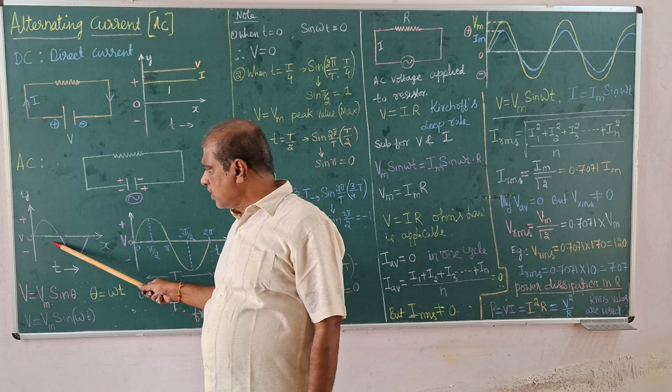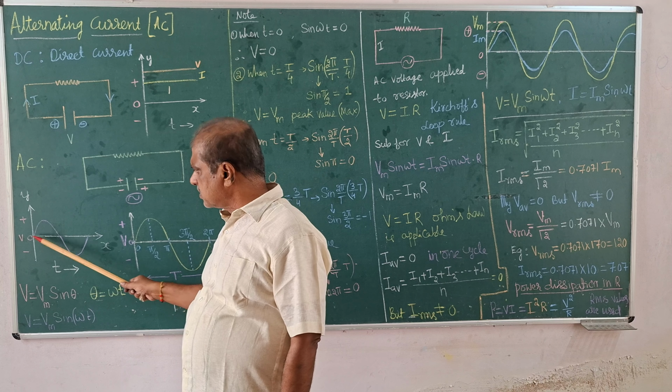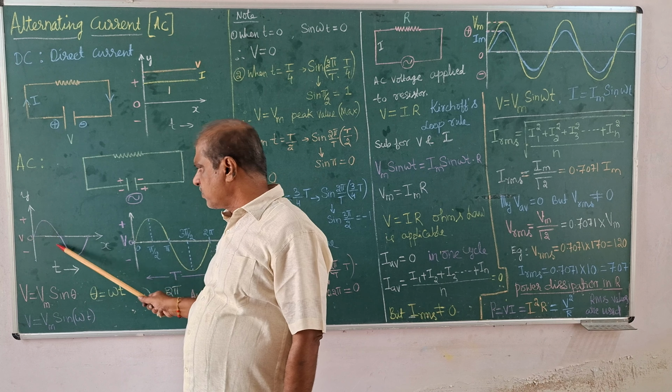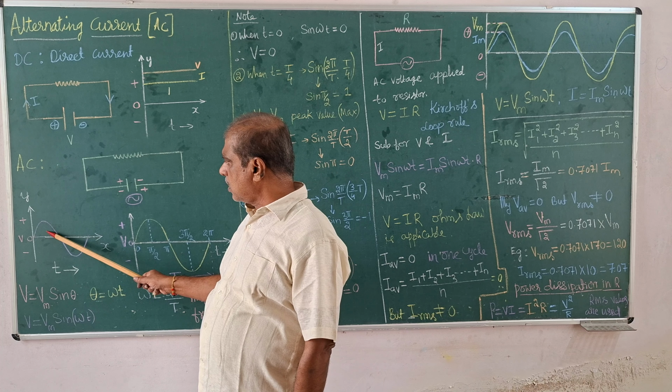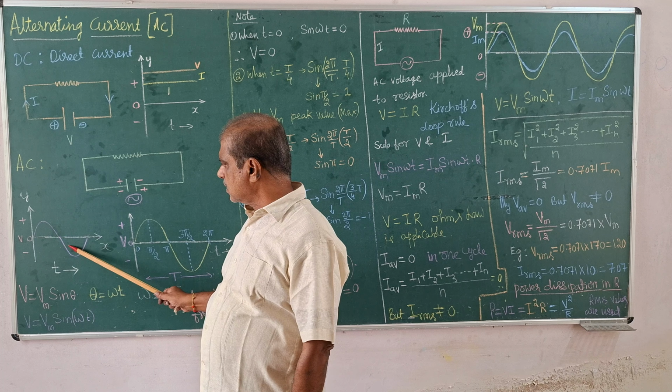This is the graph given for only voltage. The same graph applies for the current as well. Look at that. Here there is a curve above x, and there is a curve beneath x, similar curves.